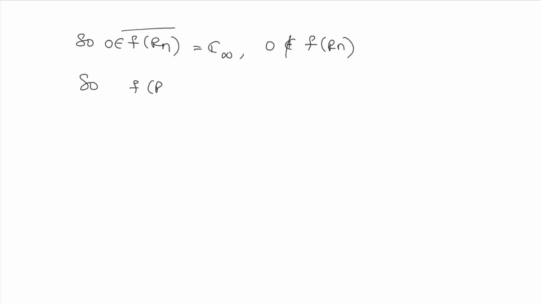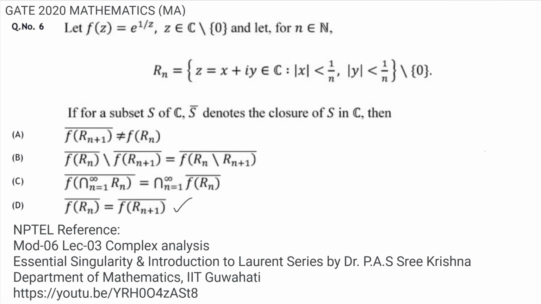So we can say the closure of f(Rn) is not equal to f(Rn). So we can say the first option is incorrect.